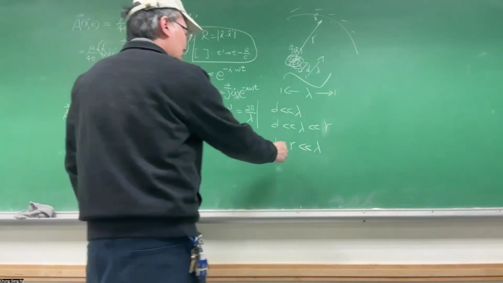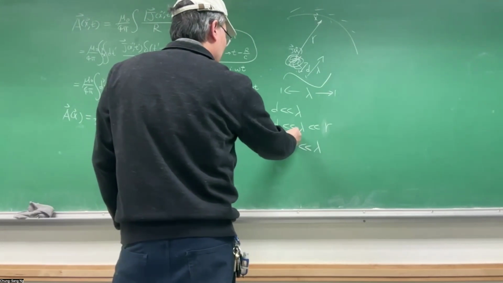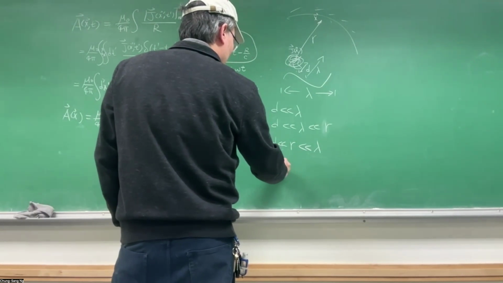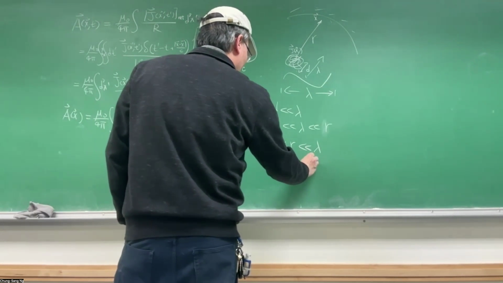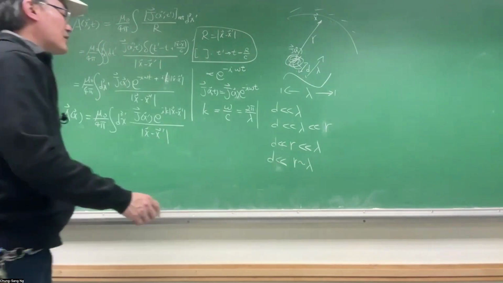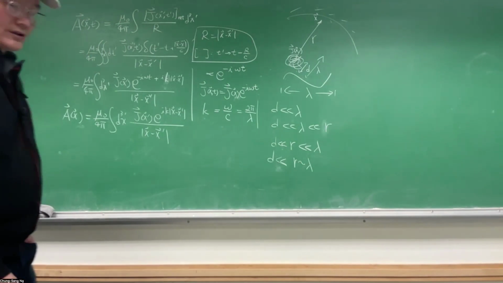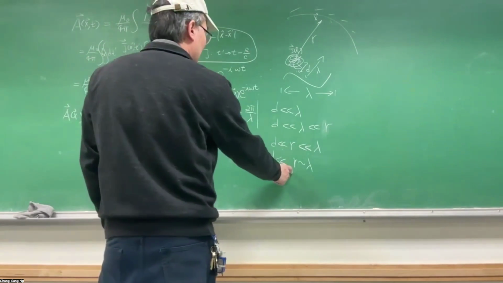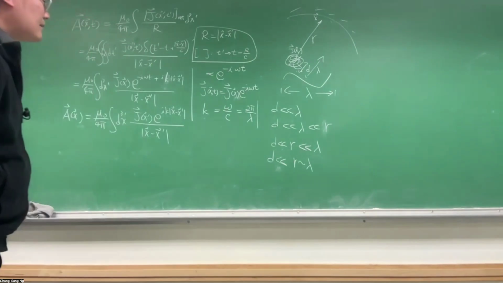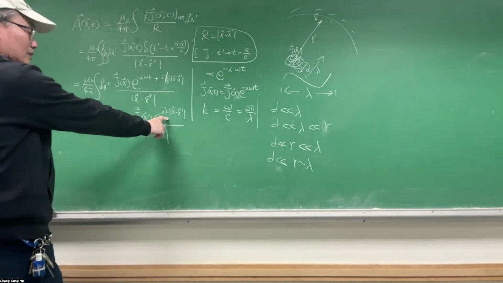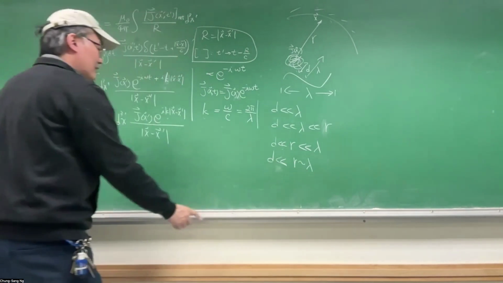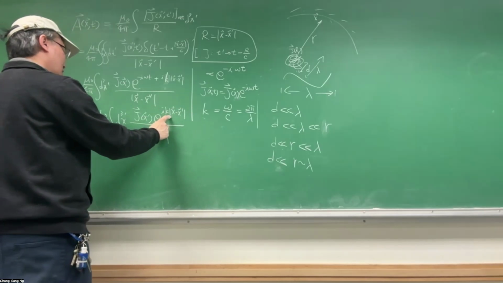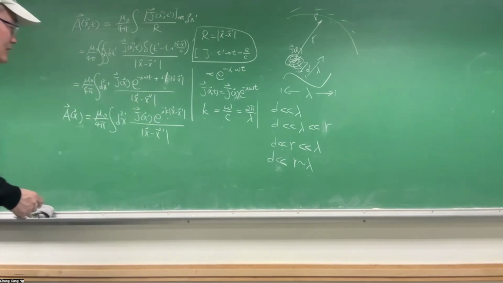One more possibility is d much smaller than both R and lambda, but R roughly the same as lambda. That's called the intermediate zone. In that case, things are complicated because you cannot ignore the exponential, since R is roughly the same as lambda. So k times R is not much smaller than 1, and you need to keep the exponential function.